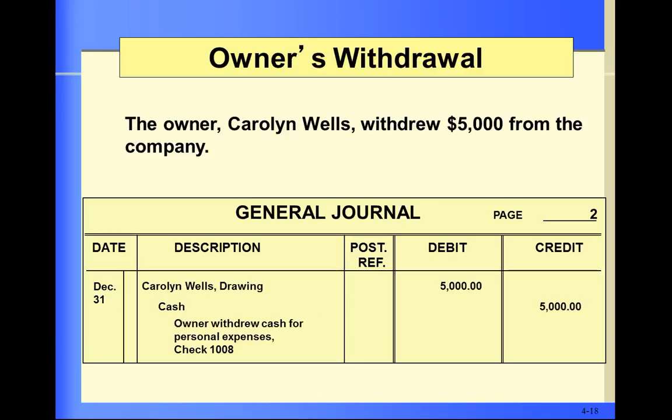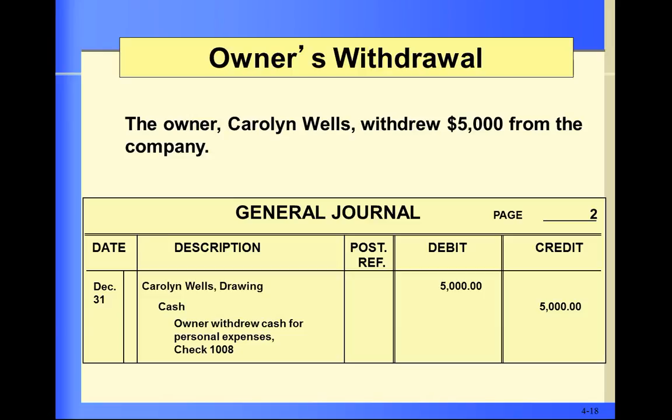Finally, the owner is going to withdraw some money for personal use. So we're going to decrease the balance of her equity side by taking $5,000 out of the company. We do this with what is called the drawing account. The drawing account is set up with an opposite balance system than the capital account.